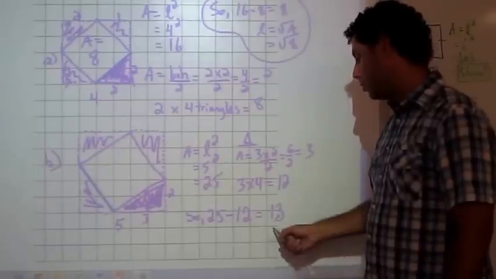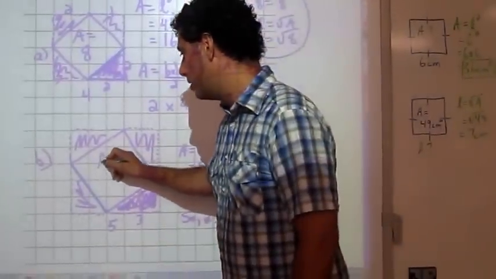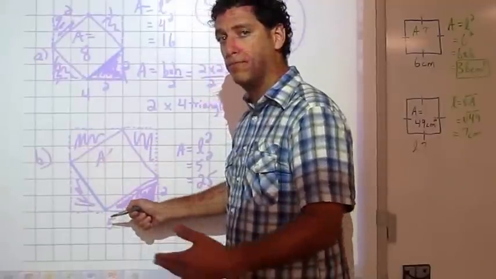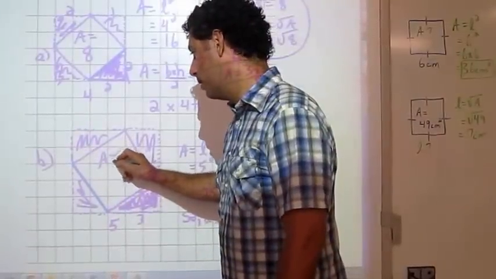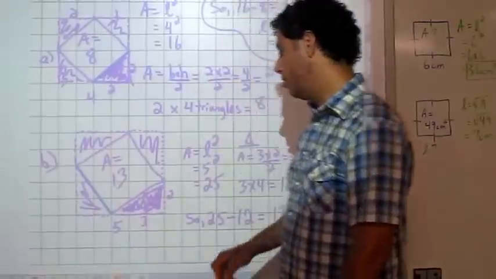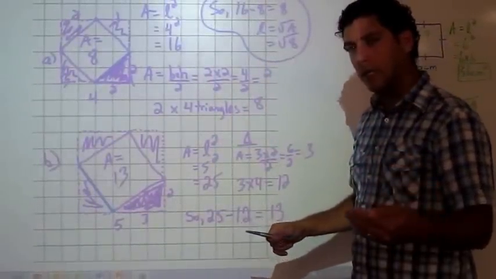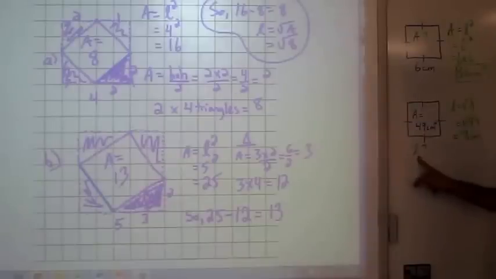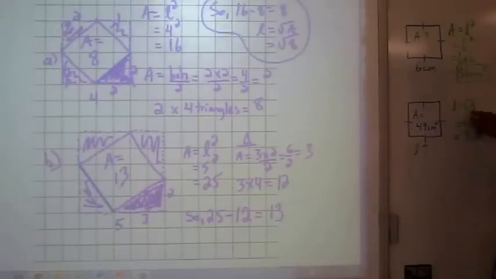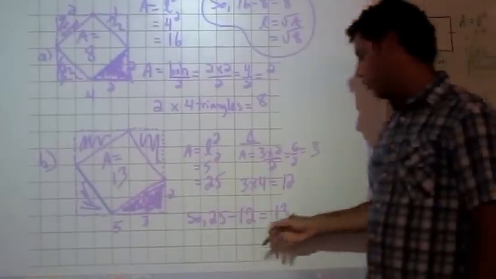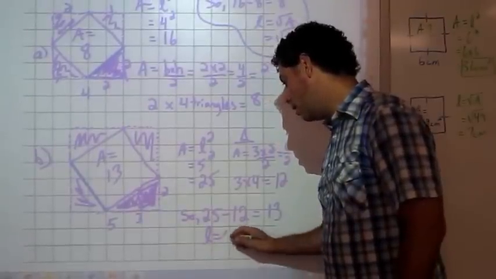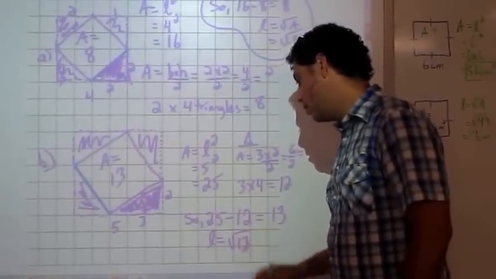All right, so 13 is the area of this tilted square in here that has this blue line segment as its side length. That is 13. So its side length, following this formula, is the square root of the area. And in this case, the area was 13, so the length of that line is the square root of 13.